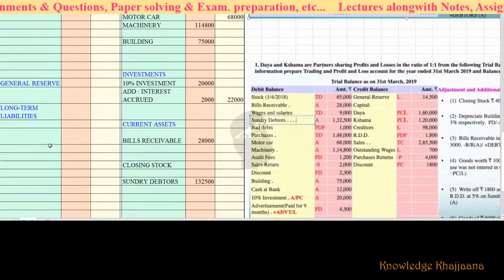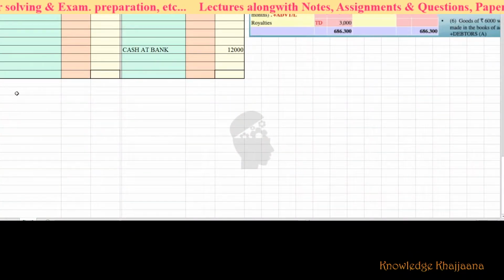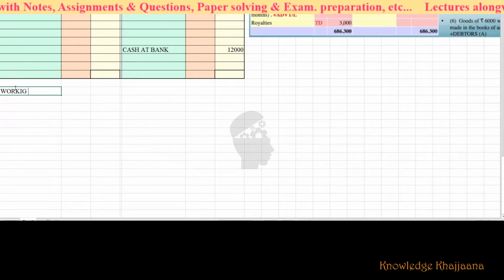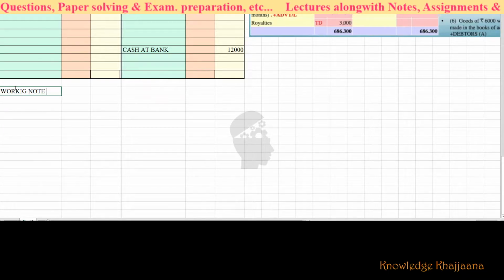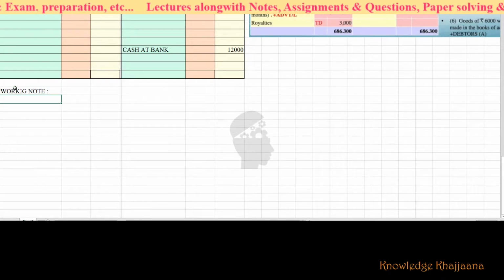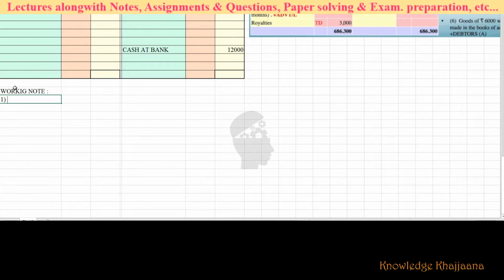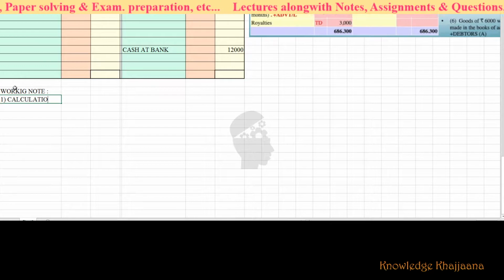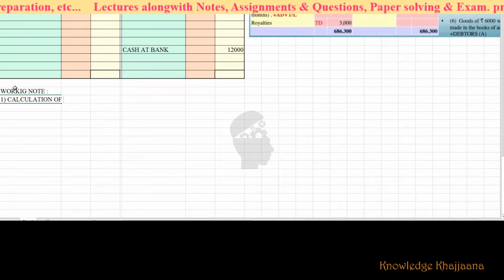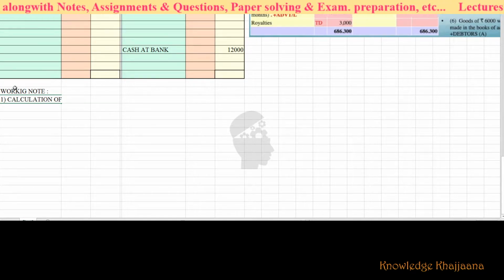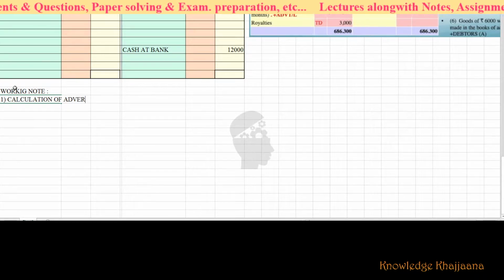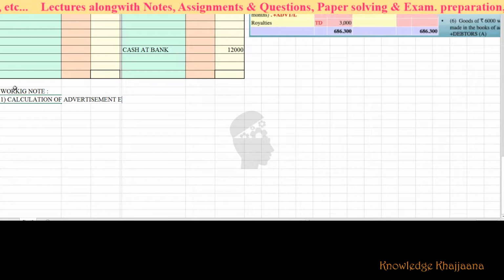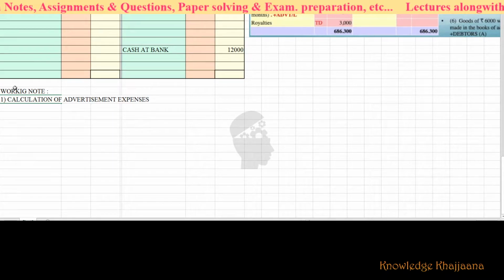How to do it? Let's write in some working note. Working note. Okay, working note number 1. For what is it? For calculation of, develop the habit same as I am doing, calculation of advertisement expenses.